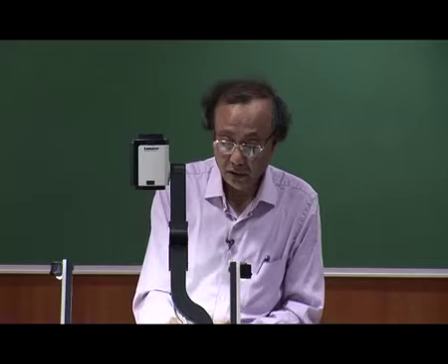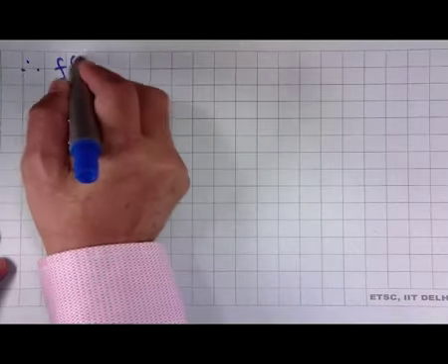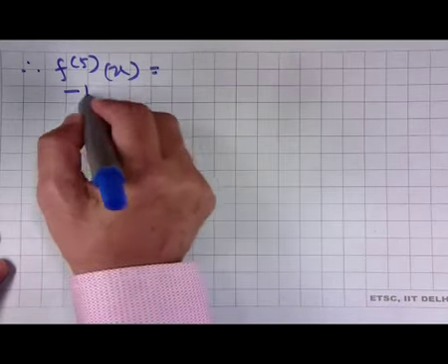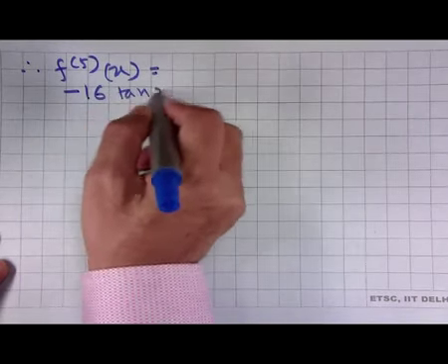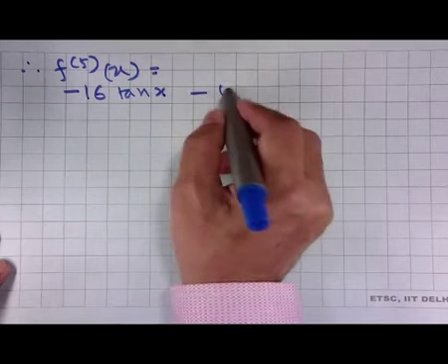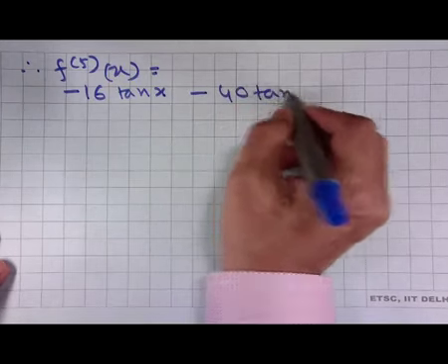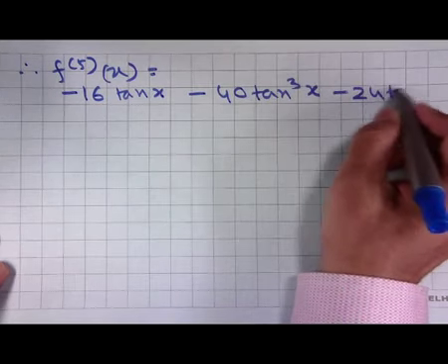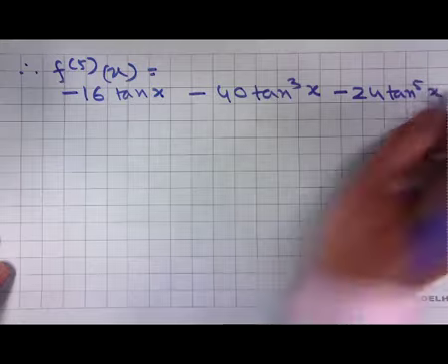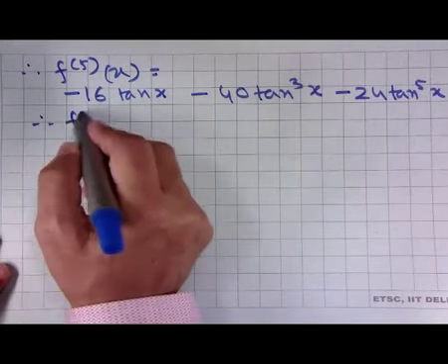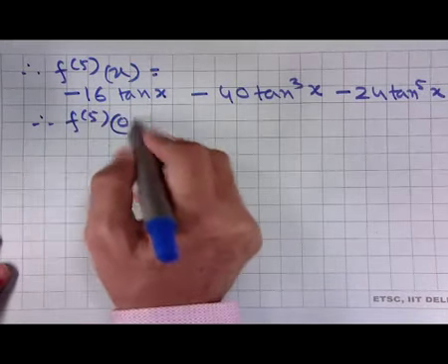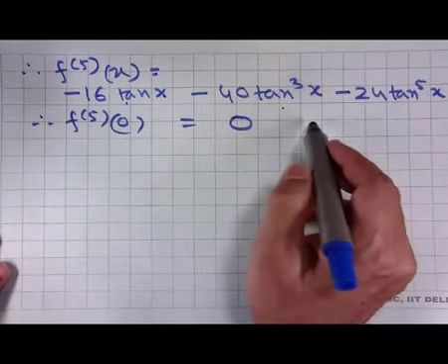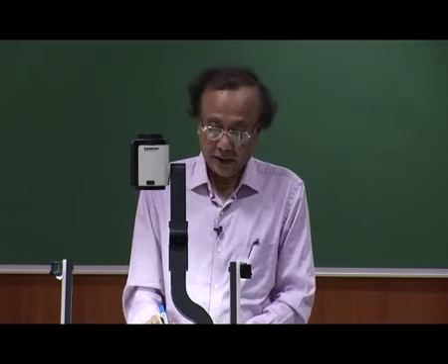Or f5 x is equal to minus 16 tan x minus 40 tan cube x minus 24 tan to the power 5 x. Therefore, f5 at 0 is equal to 0, as all these become 0 at x is equal to 0.